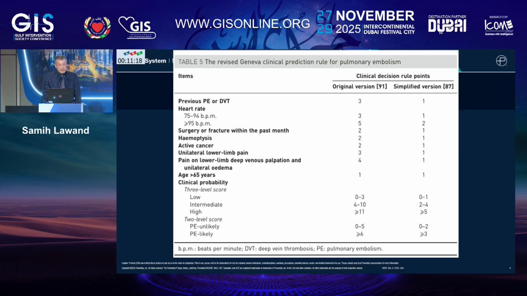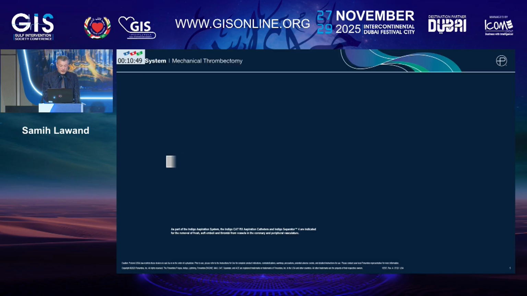Now, a clinical decision to consider the diagnosis has been given in the original version with so many points included, based on the precipitating causes like surgery, active cancer, prothrombotic situations, etc., and also related to the probability of being a high, low, or intermediate level of severity, further simplified to become easier to handle in the newer version.